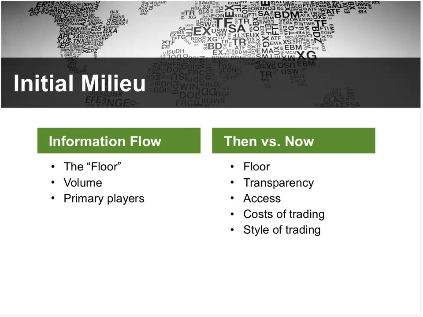So we have infinitely faster access and transparency. And I'm not sure that's a good thing, and we'll talk about that too, because it's dramatically changed the nature of trading and it's changed the mindset of traders. And I think that one of the ironies is that as an off-floor trader, one of the biggest benefits you have, and this fits in with the concept of the profile graph showing a dimension of time, one of the big benefits that off-floor traders, screen-based traders have, is the ability not to do anything.